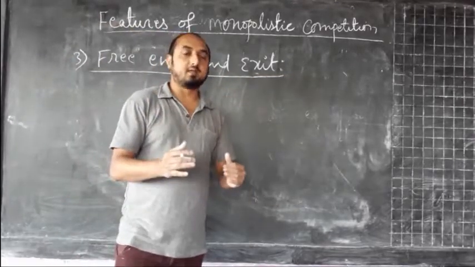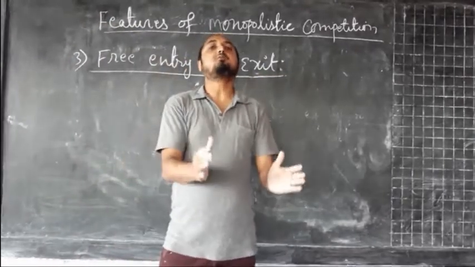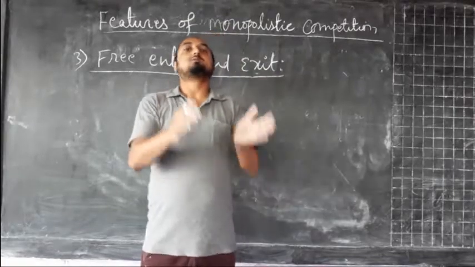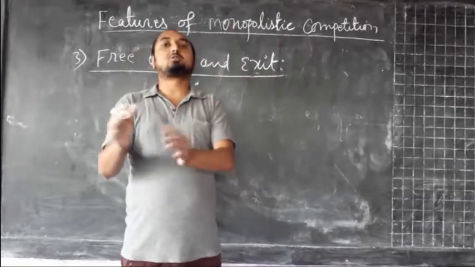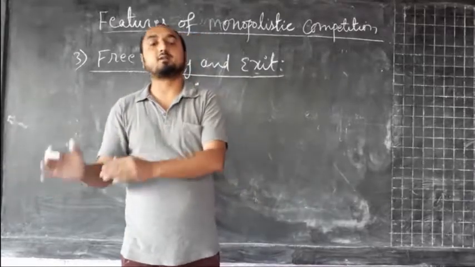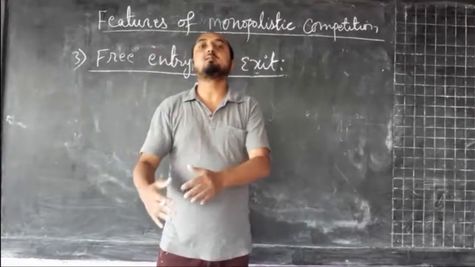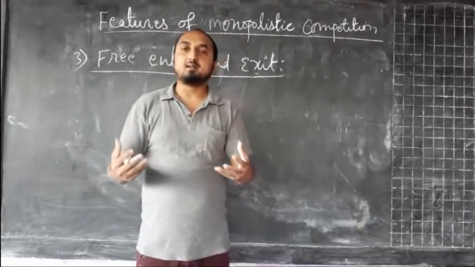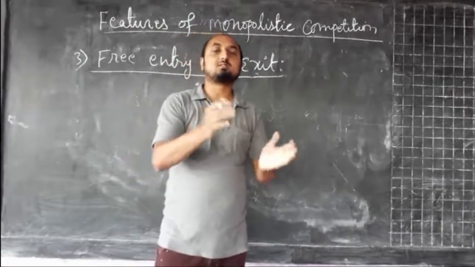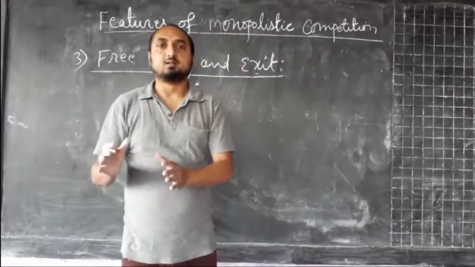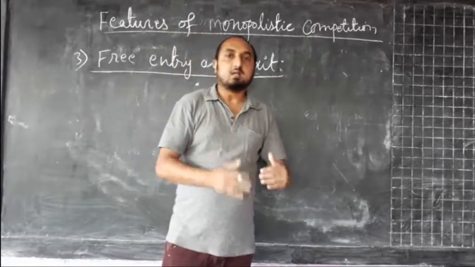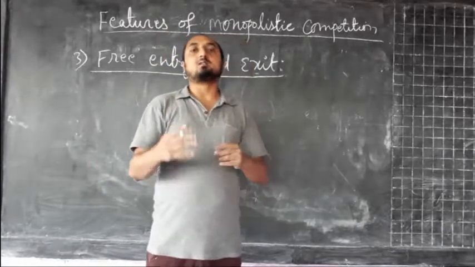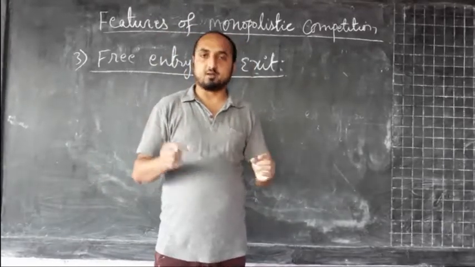Free entry means any firm, if they want to produce a close substitute or a similar type of product in the market, they can enter and start producing it. There is no legal restriction to start the production of that similar type of product.